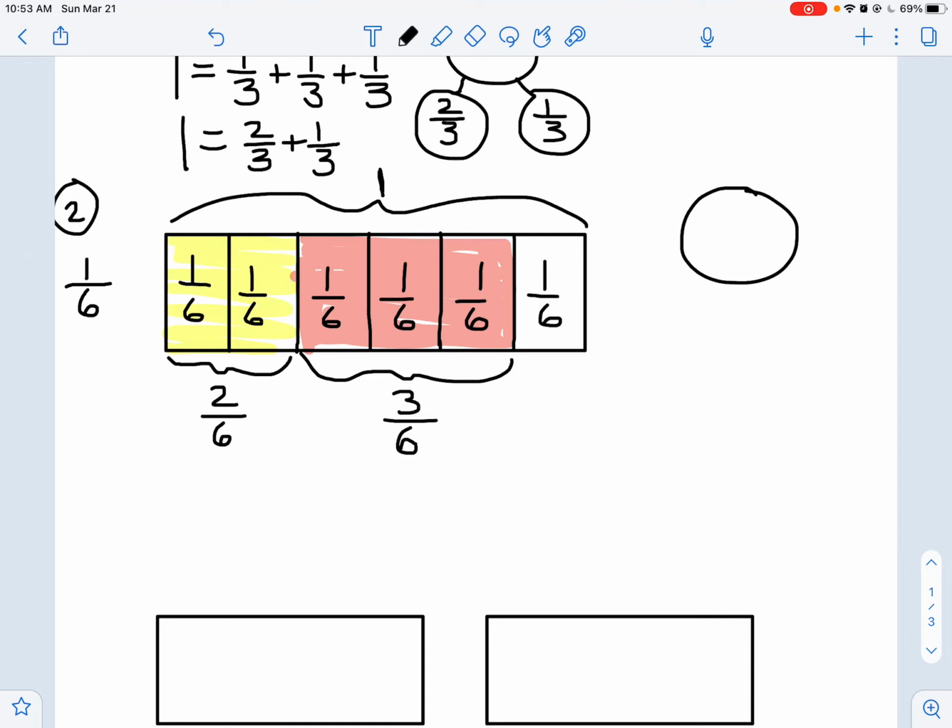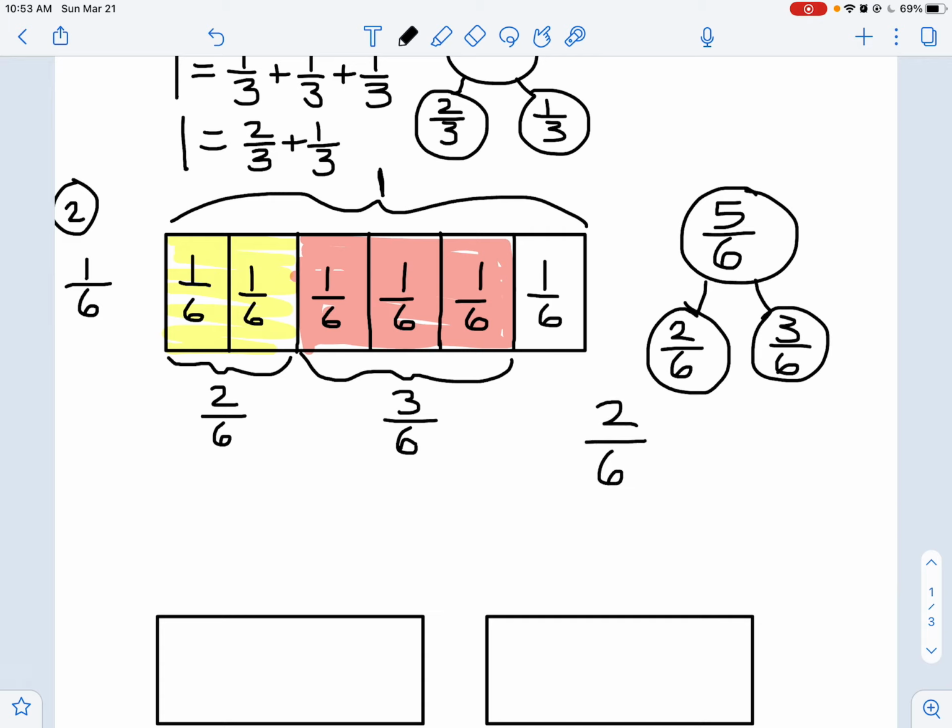Well, I have 1, 2, 3, 4, 5 sixths highlighted. Does everybody see? I have 5/6 of my fraction strip or my tape diagram colored. And I can break it down and show that I have 2/6 yellow and 3/6 red. So I can write this as an addition problem. 2/6 plus 3/6 is equal to my 5/6.